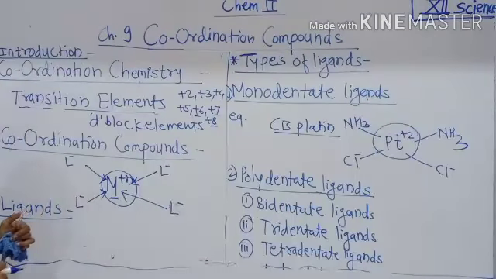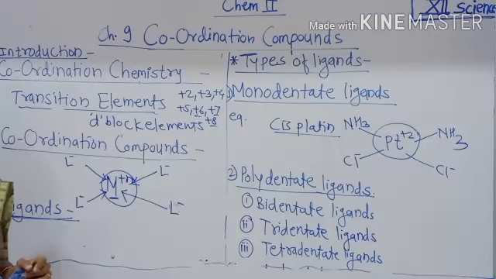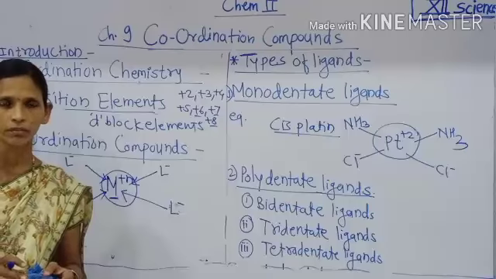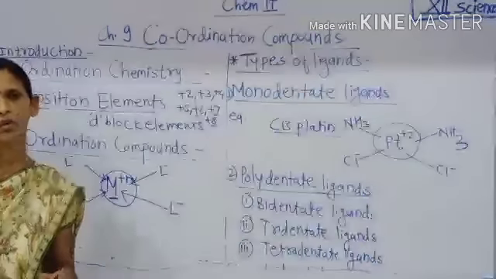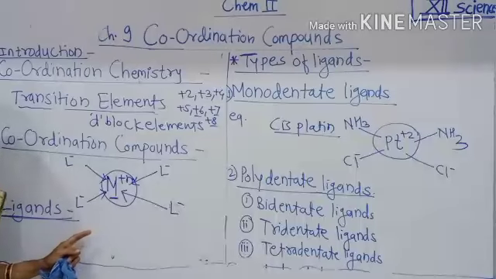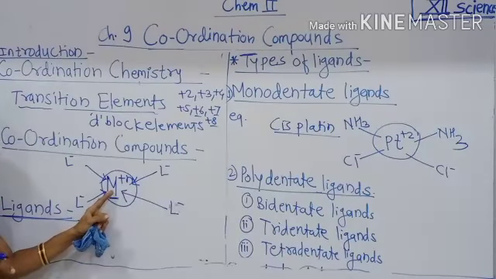First of all, see here, ligands. What are ligands? Ligands are molecules or ions, or atoms, which are coordinated with the central metal ion in the complex by a coordination bond.